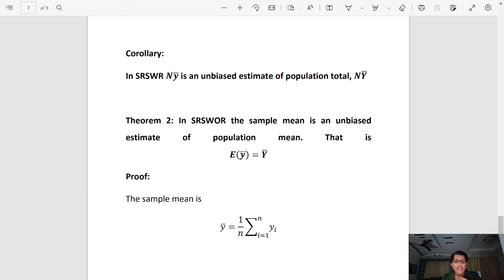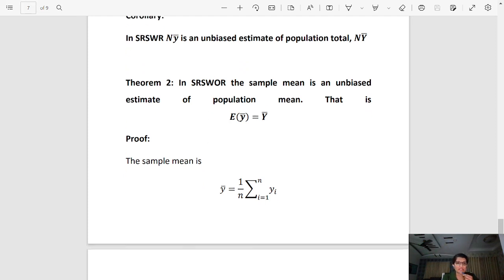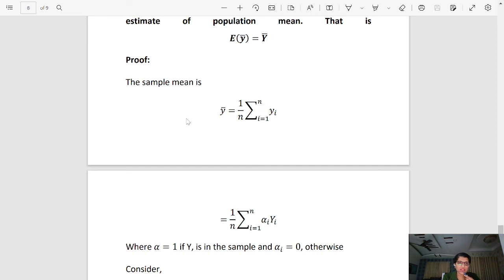But the next theorem is the second theorem. In SRSWOR, the sample mean is also an unbiased estimate of the population mean. So that is, the expected value of y bar is equal to Y bar. Similar to theorem first, but the sampling method is SRSWOR. So the proof of this result is the same as theorem 1.